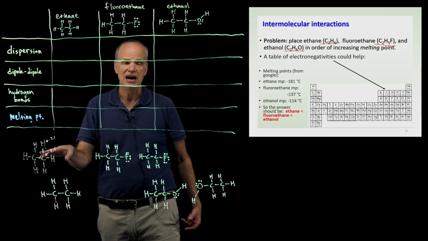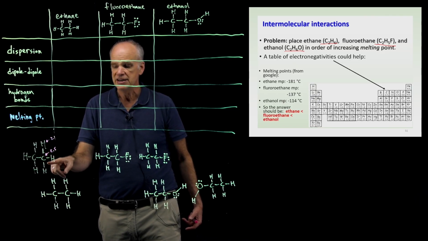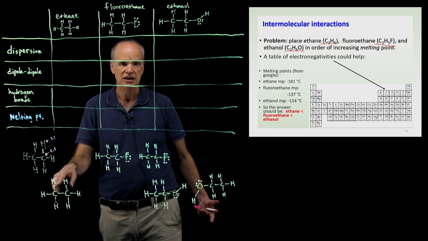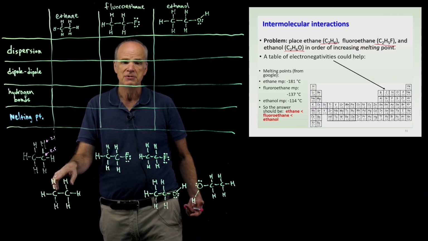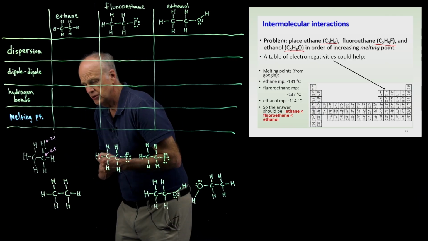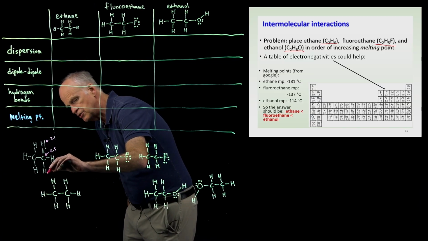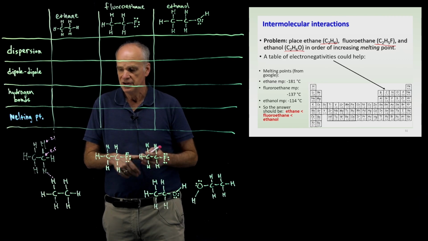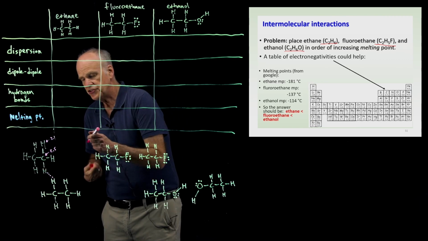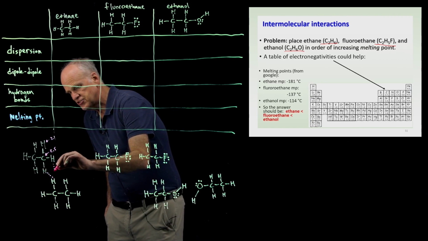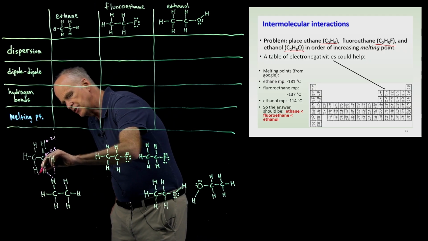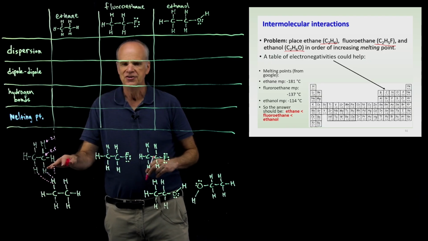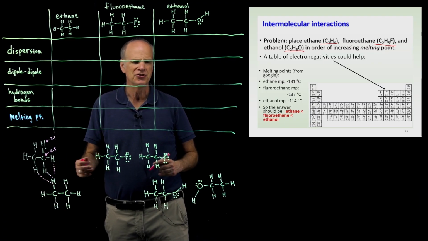If it's a nonpolar molecule, the only interaction it will have with neighboring molecules, say in a solid or liquid state, is a dispersion interaction. You will recall that these are extremely weak interactions between nonpolar molecules. There are, of course, a number of dispersion interactions between these molecules, but the thing is that these molecules are pretty small, so these dispersion interactions don't really add up to much.